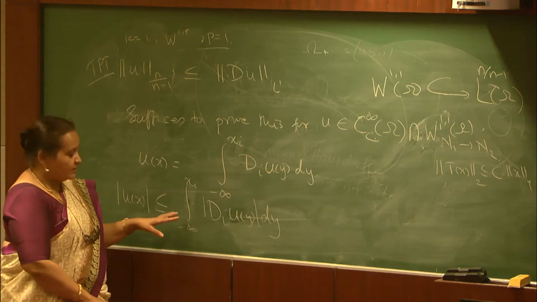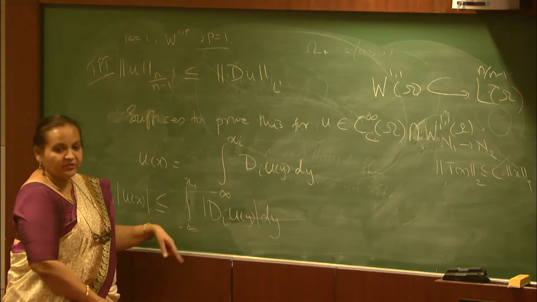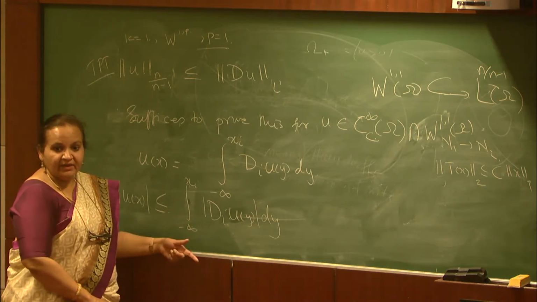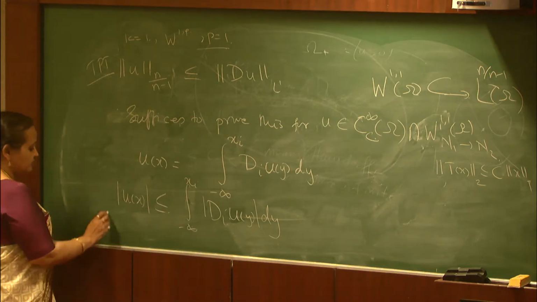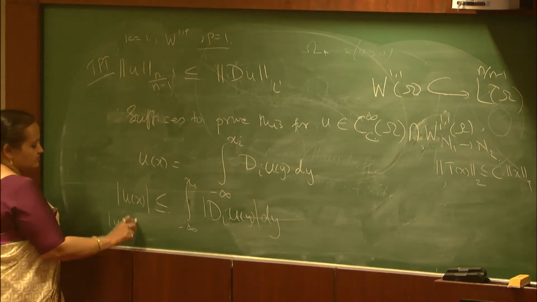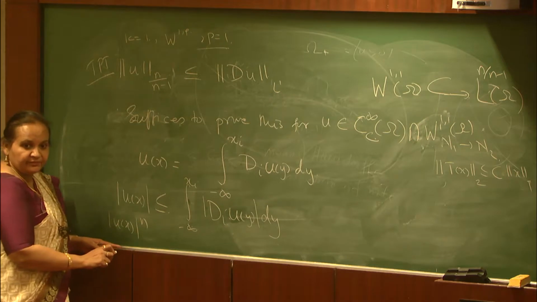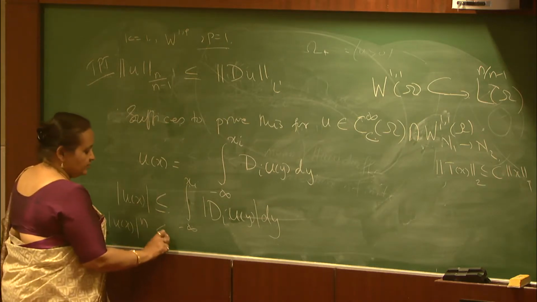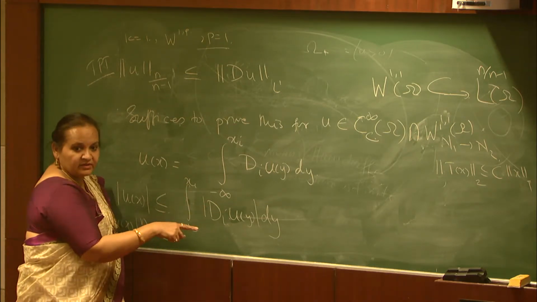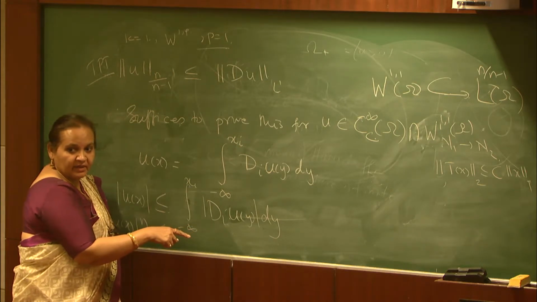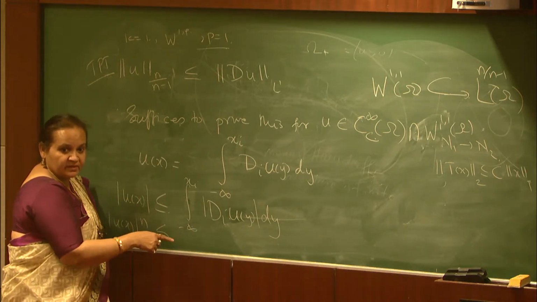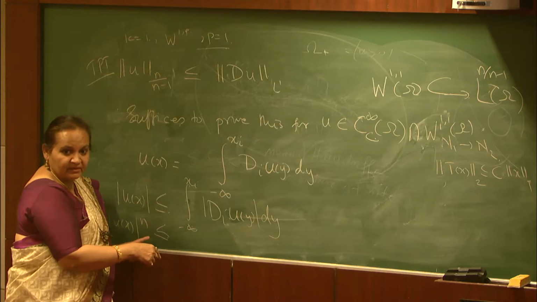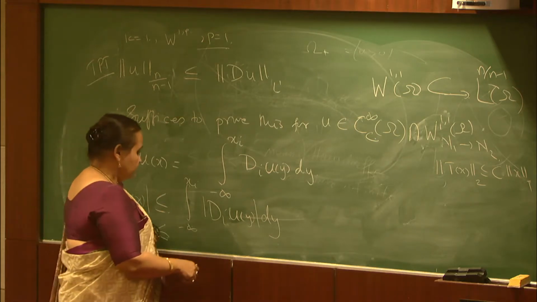Okay? So I multiply this over i equals 1 to n. So here you will have mod u(x) power n less than or equal to all this product power n. Yes, I'm just multiplying, and these are non-negative quantities.